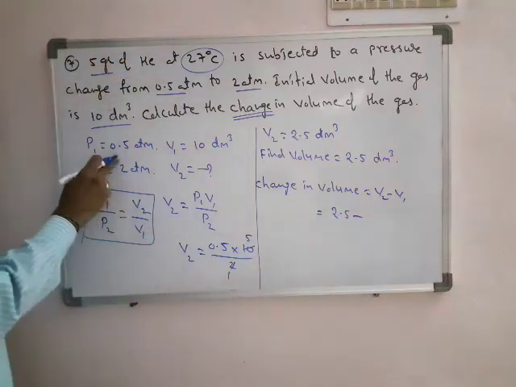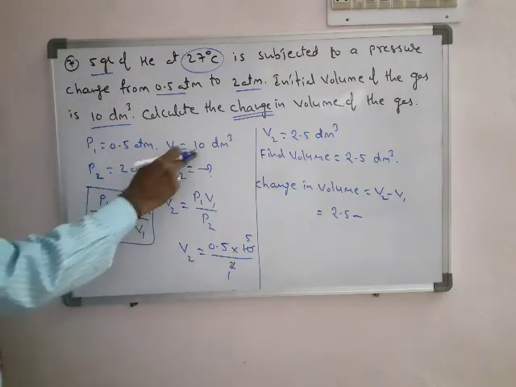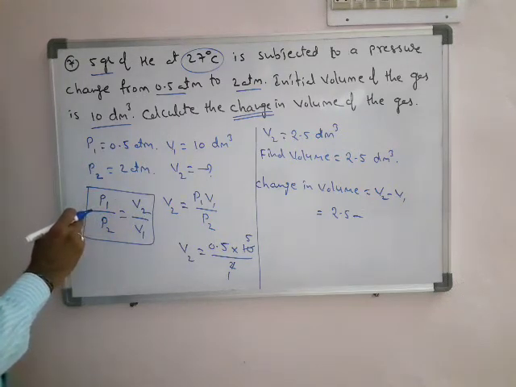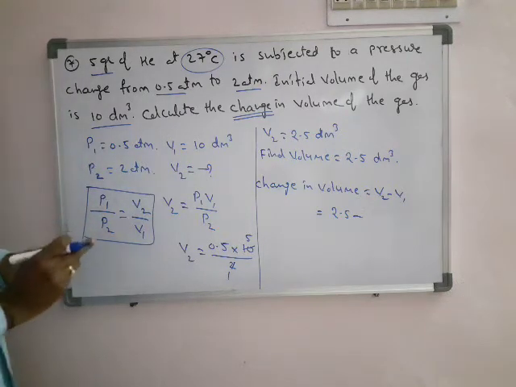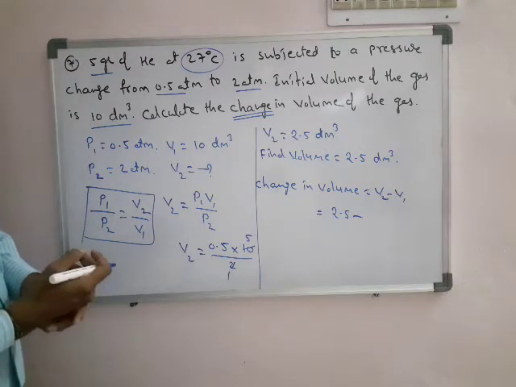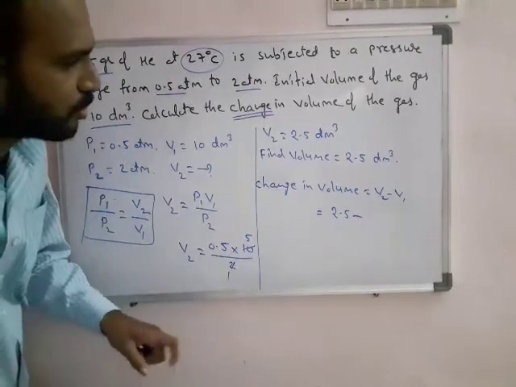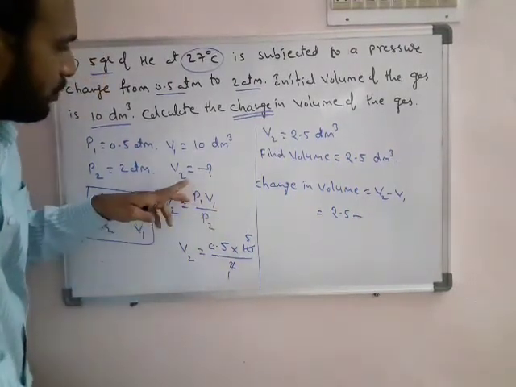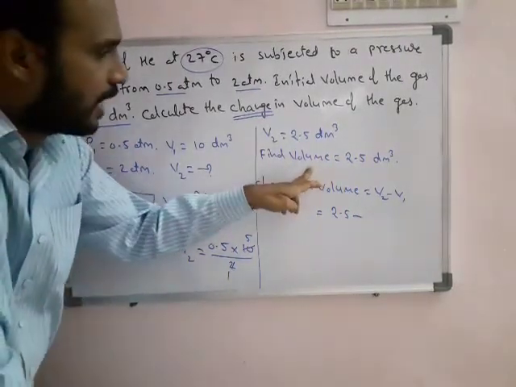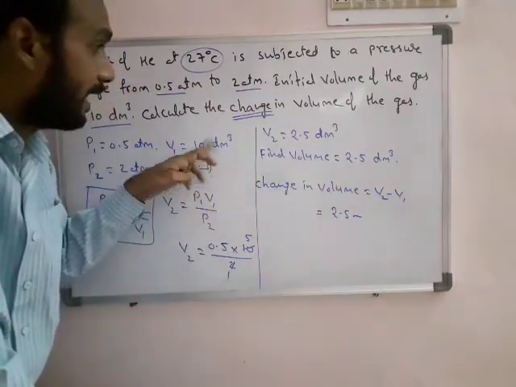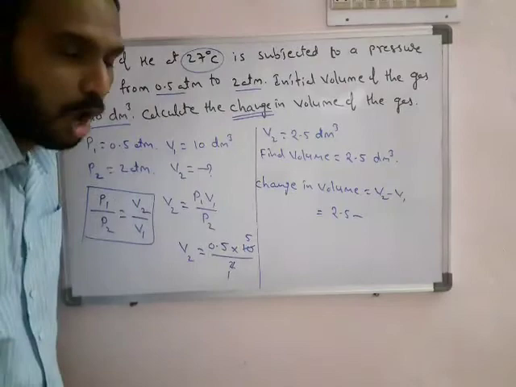2.5 minus the initial value. So V2 is 2.5. What is the initial one? Initial given is 10. So the change in the volume is V2 minus V1. But the final value is 2.5 decimeter cube, and the initial value is 10 decimeter cubes. So how much change?